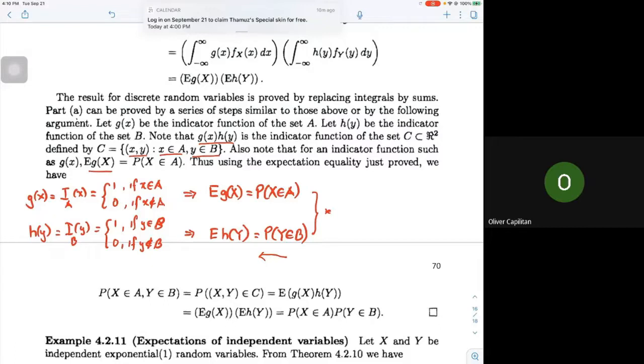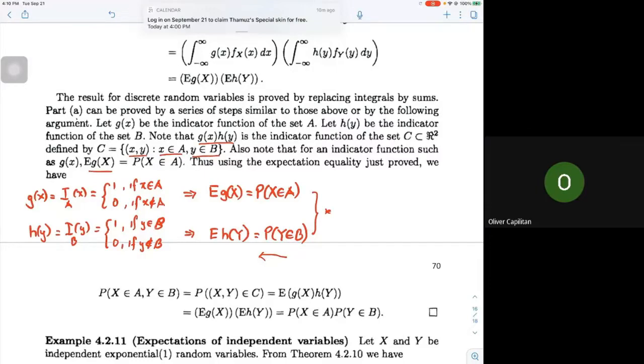So not only have we found the moment generating function of z as the sum of these two random variables, but we also obtained the distribution of z.